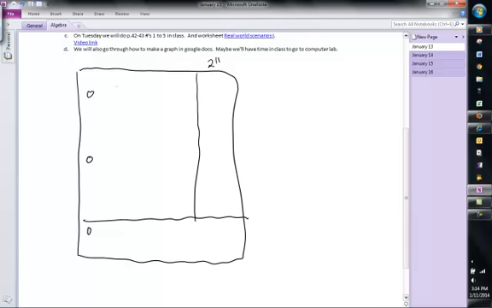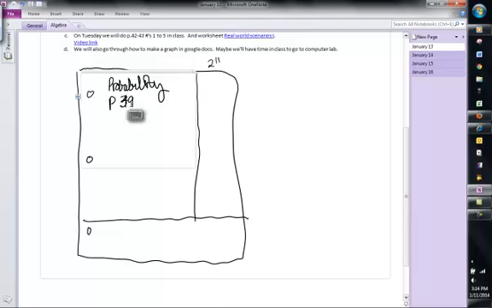So for us, what we're going to do for today is we're going to talk about probability. And we're going to be on page, I think it's 39 in our textbook. And we're going to talk today about theoretical probability.